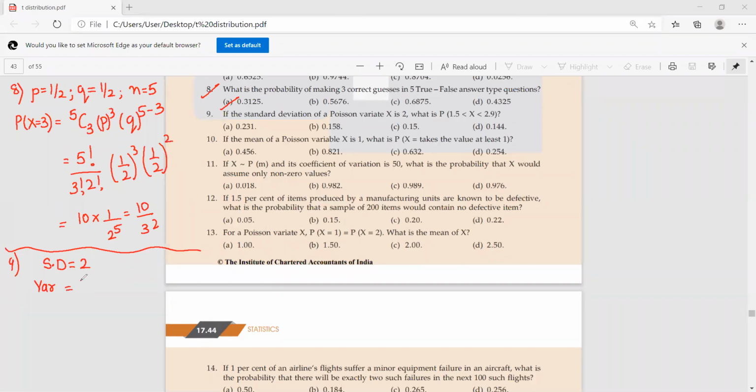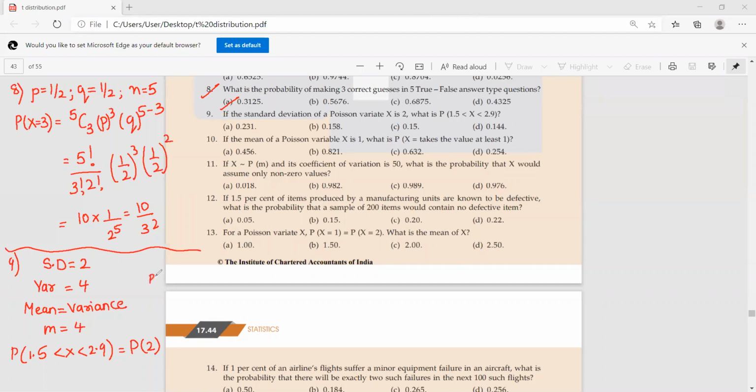If variance is 4 in Poisson distribution, mean is equal to variance, correct. So I got mean is equal to 4. Now what has been said? It is between 1.5 and 2.9. So between 1.5 and 2.9, what will come? 2 will come, correct.